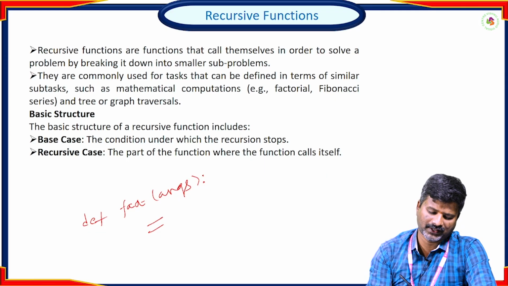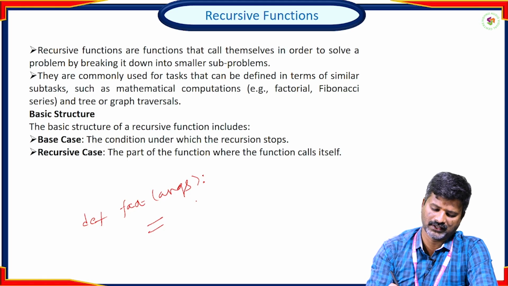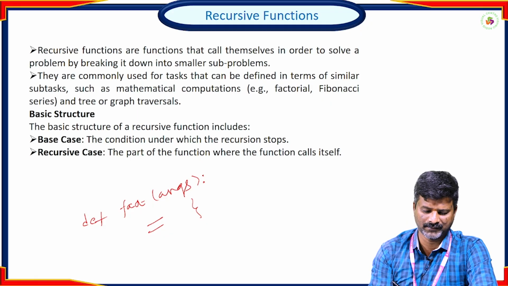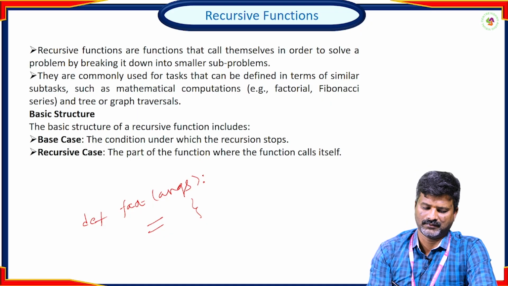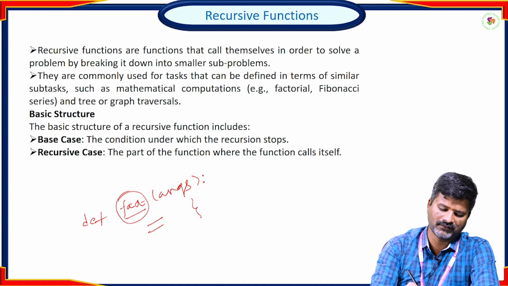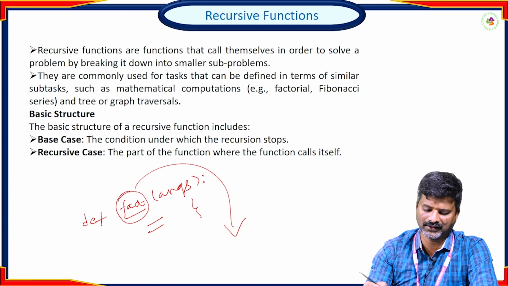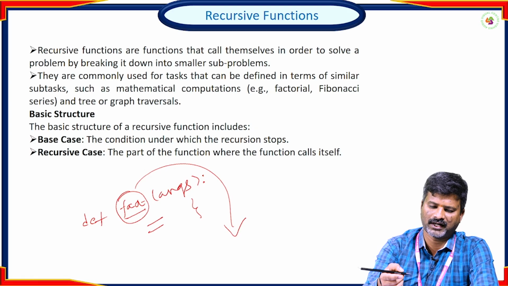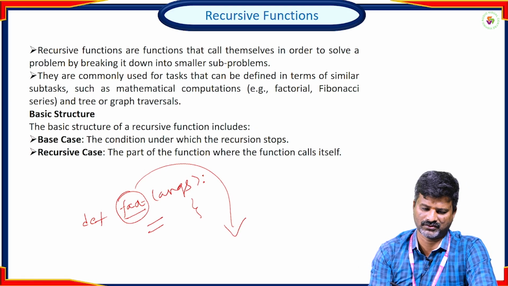I am not creating this logic iteratively, so I am not using any for loop or while loop. I want to call the same function, and with the help of that I iterate to the next one. That is what we use in a recursive function.